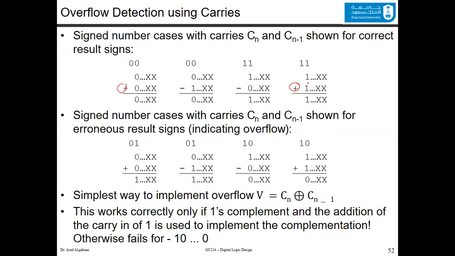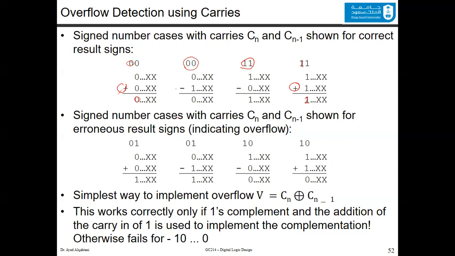For the addition, you could say that 1 plus 1 plus 1 is equal to 1, carry 1. 0 plus 0 plus 0 is equal to 0, carry 0. For the subtraction, we discussed two methods, either using borrows or converting the subtraction to addition, and you will find that those carries would be 1 and 1 and 0 and 0.